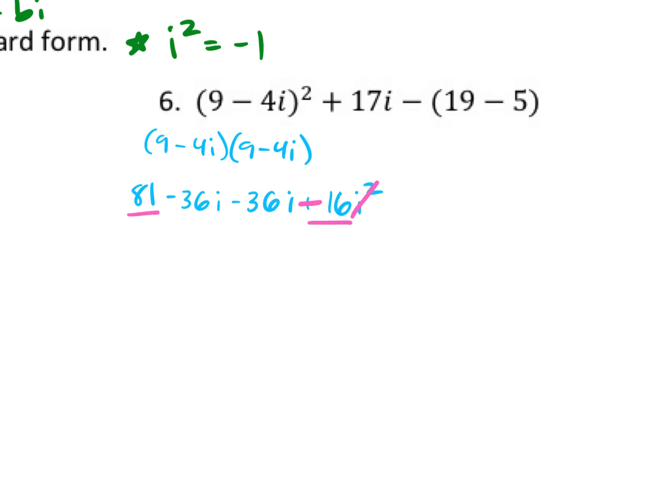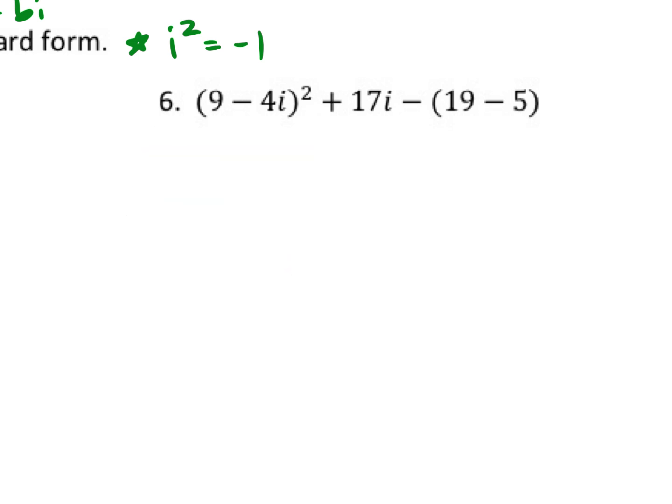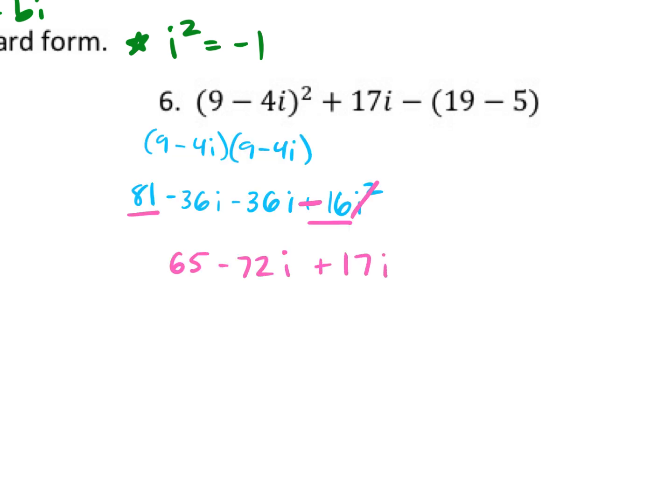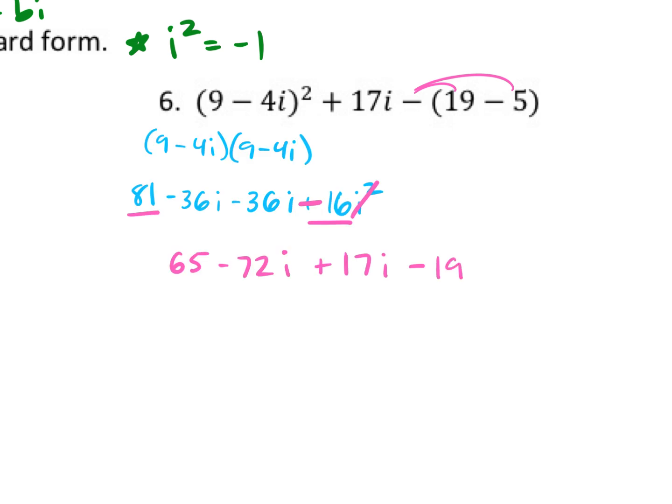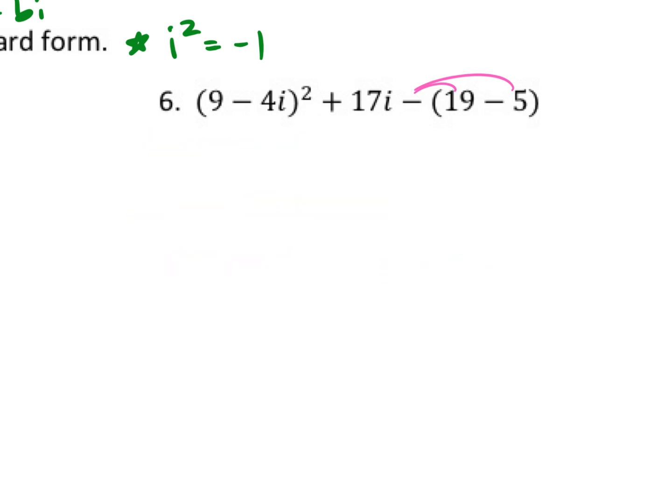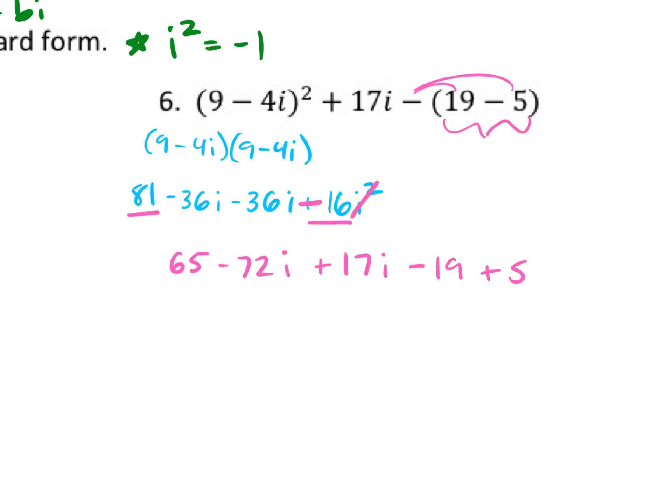So 81 minus 16 would be what? 65? Minus 72i. And then we still have plus 17i. I'm going to distribute the negative now too. So minus 19 plus 5. You could combine inside the parentheses because these are like terms, but it doesn't matter either way.